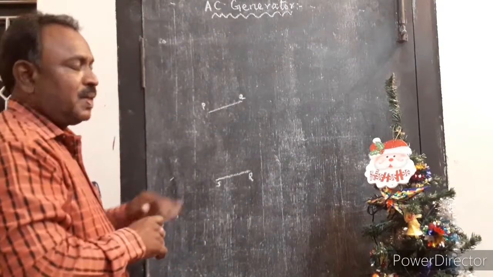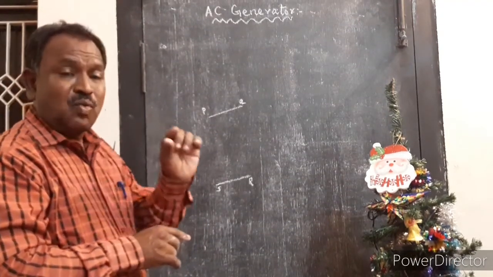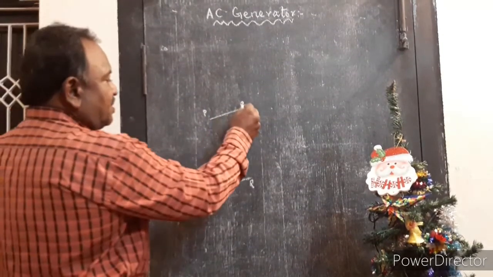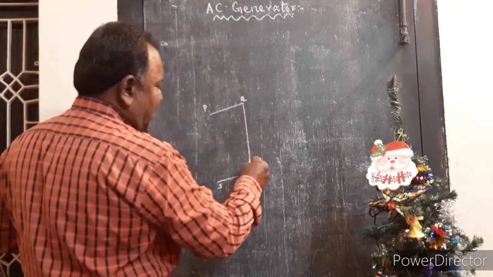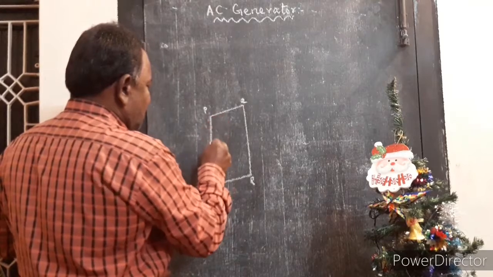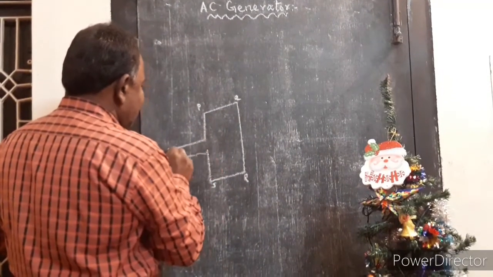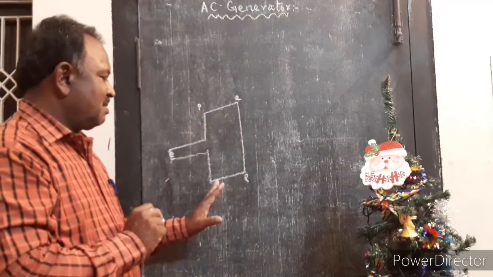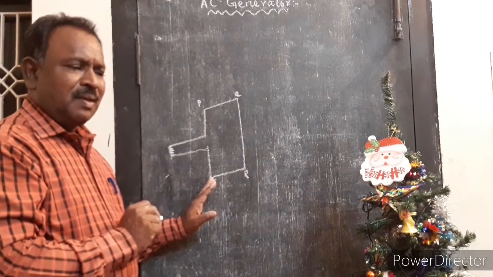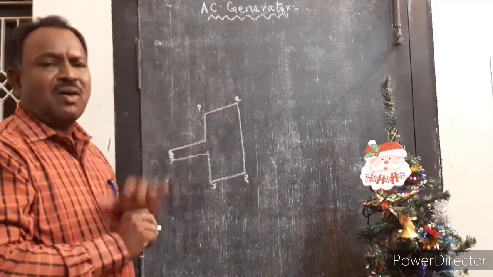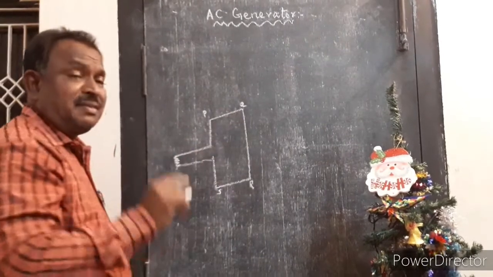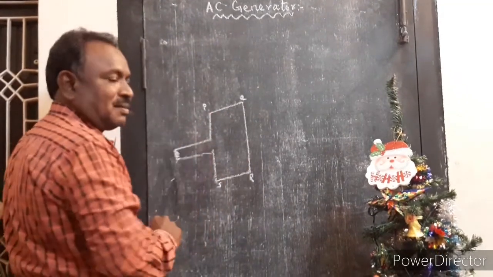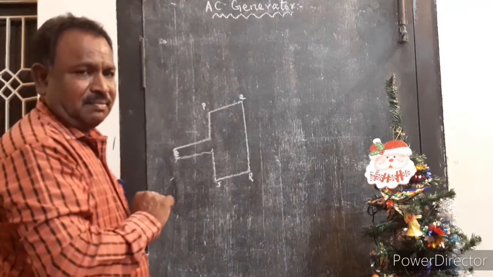PQ and RS are the two windings found in the stator. These windings are connected in series to form a coil of a single turn.